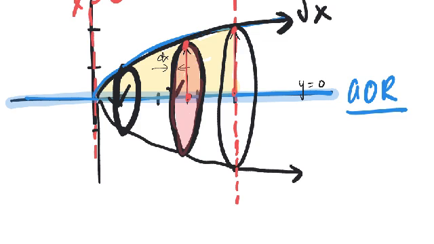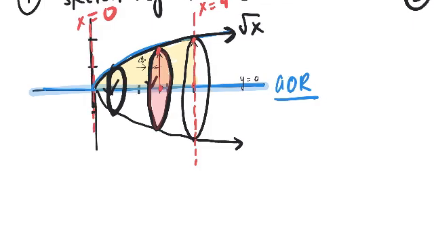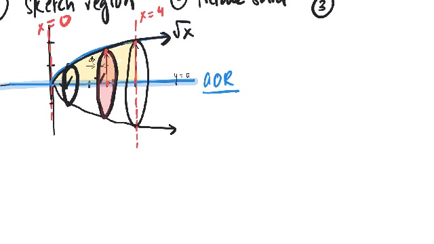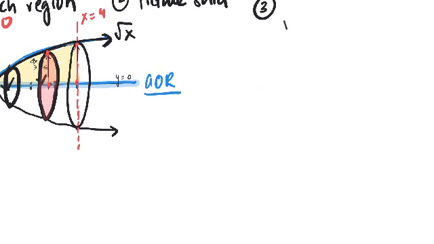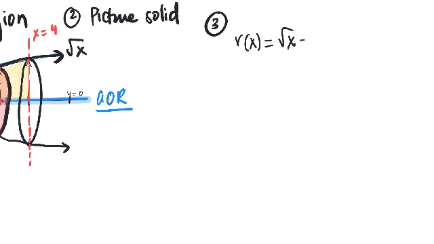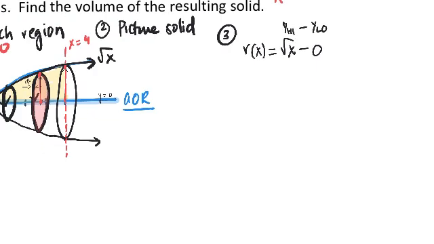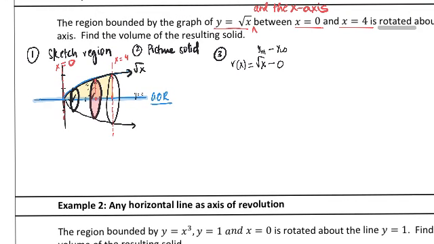It's a vertical line. So it's the y value on top minus the y value on the bottom. In other words, just rad x is the radius of every disk. So you can see the bigger the x, the bigger the radius. And I'll just write it like this just to remind you it's going to be like a y high minus a y low because it's a vertical line.